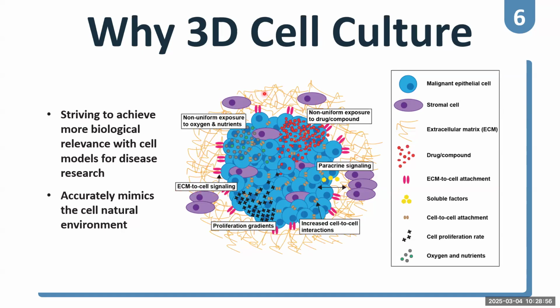The yellow line around the tumor mass is the extracellular matrix that gives support to the 3D structure of the cancer. And other cells, for example stromal cells, fibroblasts, and immune cells, are there too. The 3D model can demonstrate or mimic the real situation in the real patient.